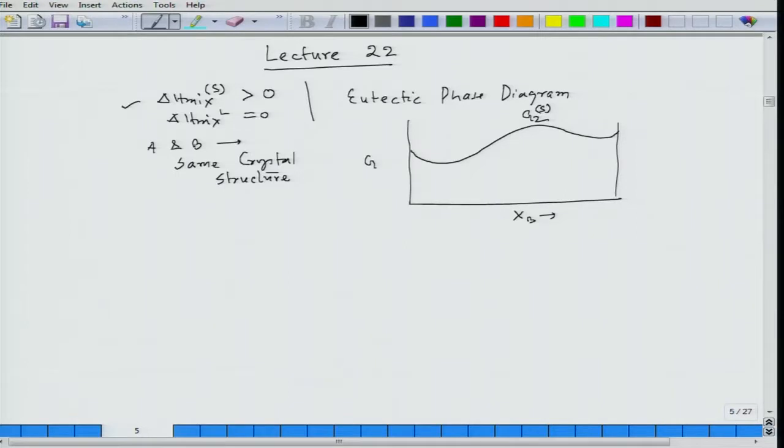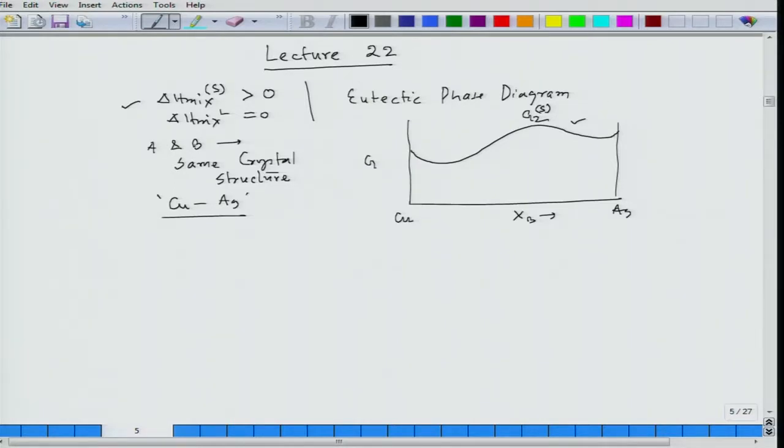One example for this is copper silver, where I could get a eutectic phase diagram, but their solid solution line would be continuous from 0% copper to 100% copper. Let us say this is copper, this is silver. So, I could get a continuous line.